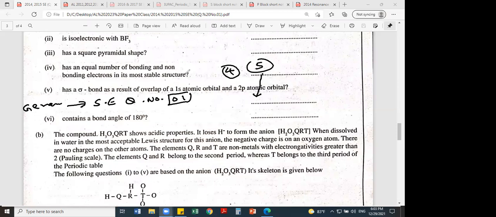So you should have this idea after completing each lesson, each chapter, each unit: which part of the paper you get questions from, and from which year you should practice the papers.